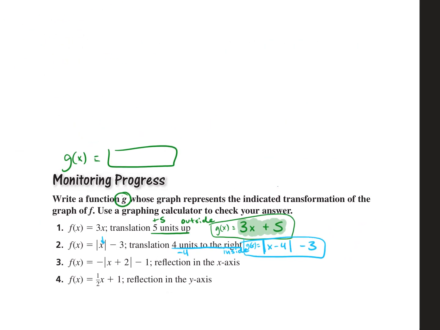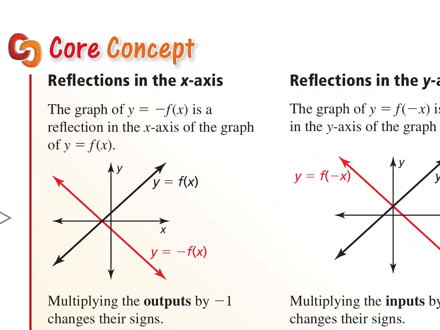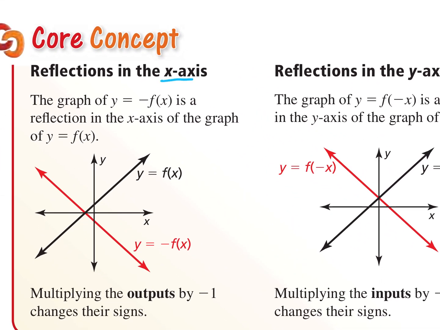All right, let's go back up. We're going to talk about reflections. So if we have a reflection on the x-axis, that happens outside. So when it's on the x-axis, we multiply the whole function by a negative.